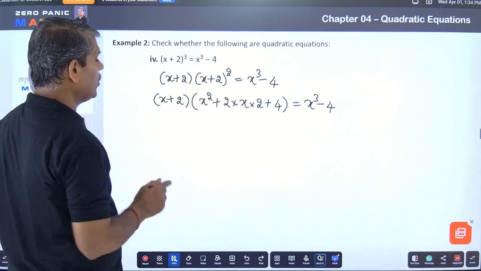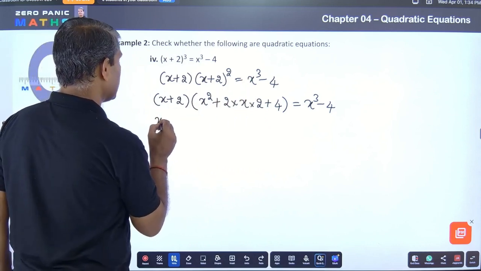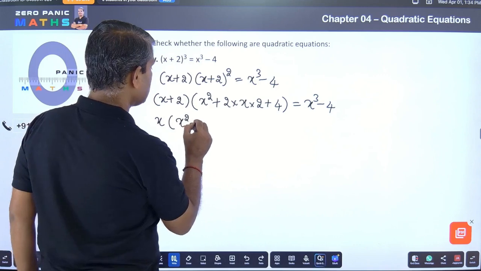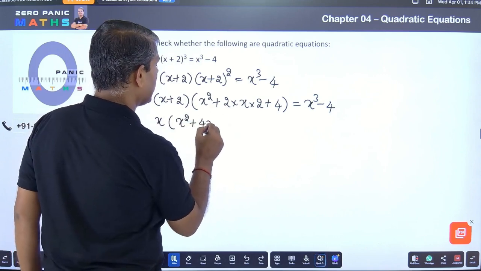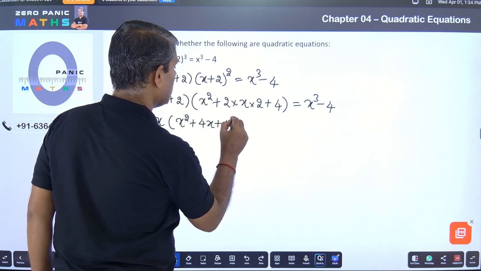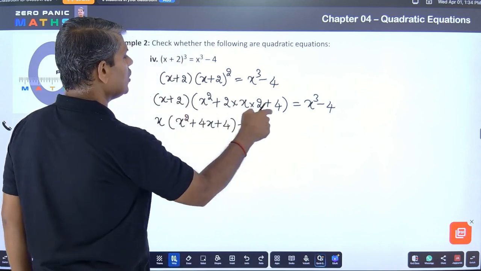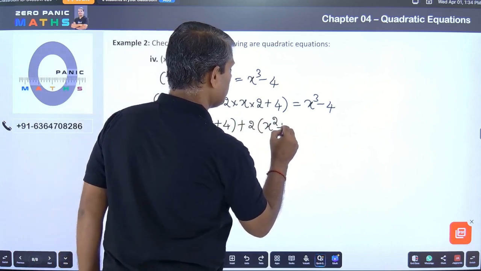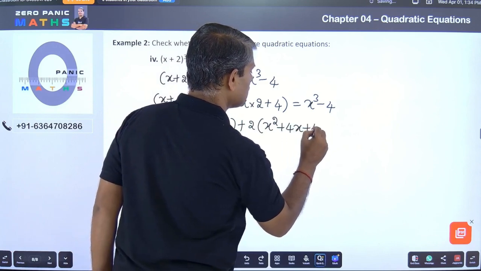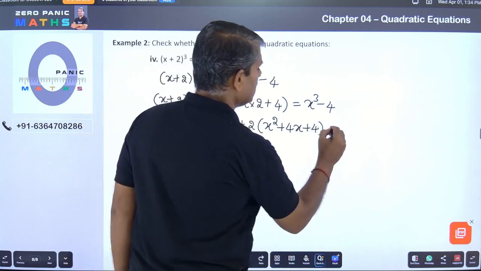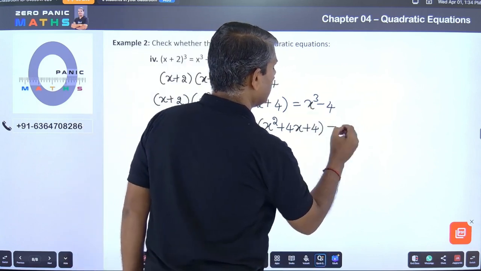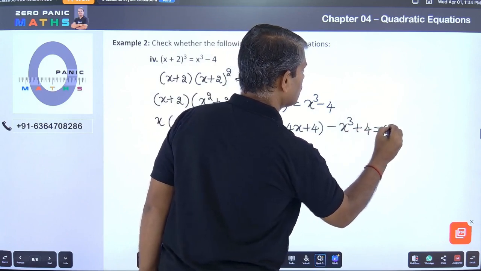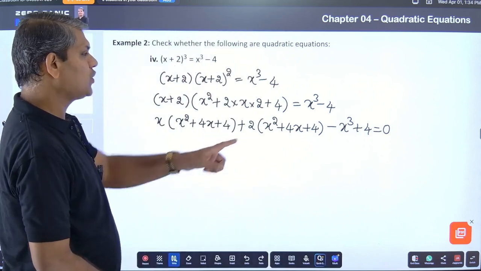Multiplication you should be doing. Remember this, x multiplied by x square plus 4x plus 4, plus 2 into x square plus 4x plus 4, equal to x cube minus 4. Along with that, I can bring the x cube also to the left side and minus 4 also to the left side to make it minus x cube plus 4.